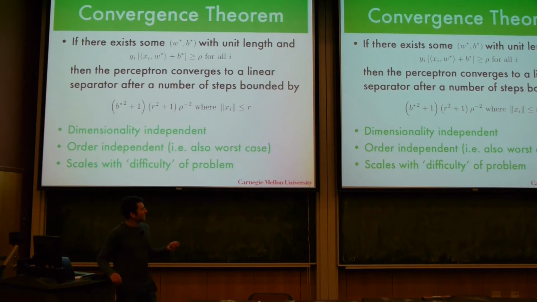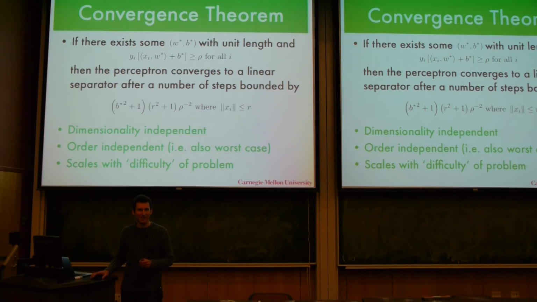So what you can see is that if that margin of separation is too small, I need a lot of data. If it's really large, then I need very few. Does somebody have an idea what an upper bound on this rho would be? If I'm assuming that the xi's lie in a unit ball, so norm of xi is 1, and I've assumed that w star and b star are normalized, what's the largest value rho can take? 1.